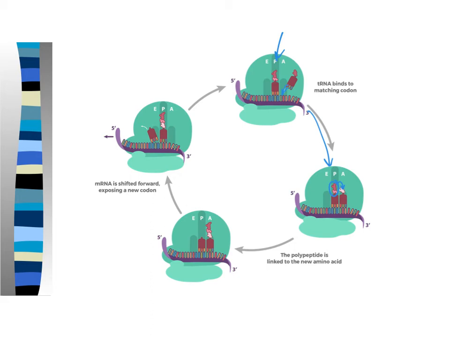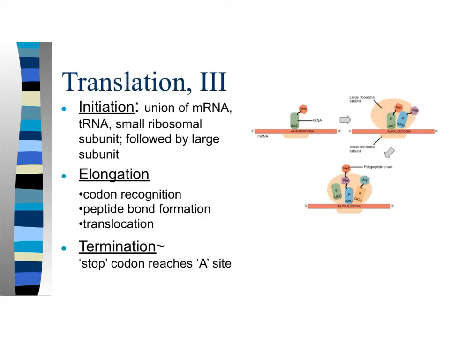So our new polypeptide is linked to the new amino acid. Here we see them all in our A site. Our P site no longer has an amino acid. The mRNA is going to shift forward, exposing this tRNA. It's going to leave, and then this new codon is ready for a new tRNA to grab onto it.